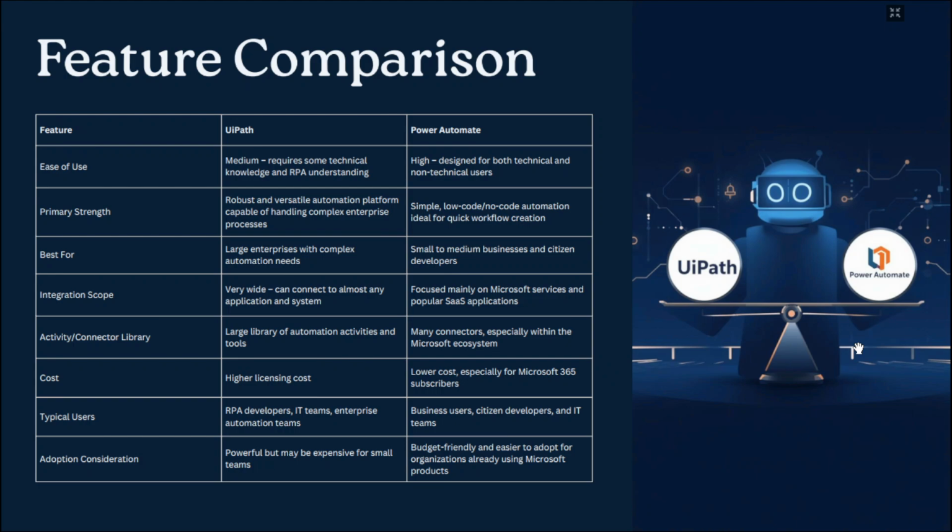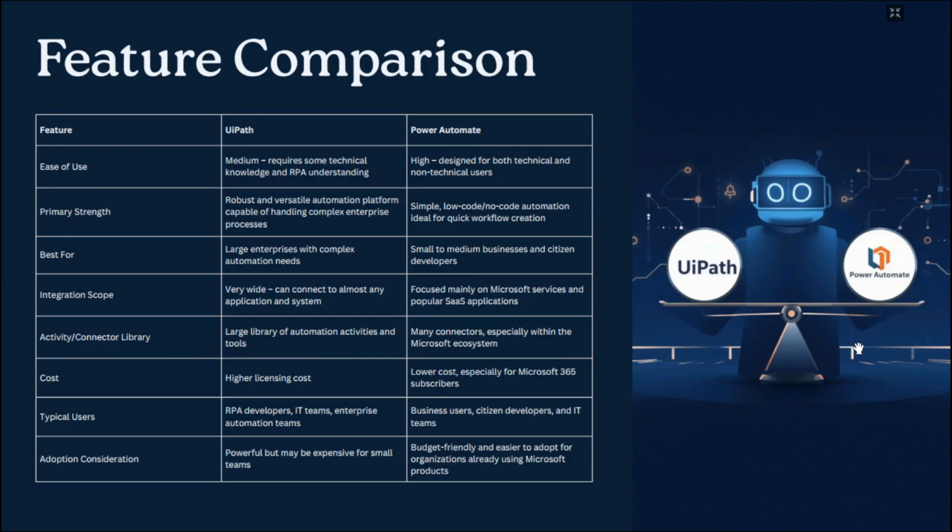So Power Automate is mostly constrained to the Microsoft ecosystem, and UiPath, because so many developers and users are there for it, has a huge library available in the market where you can get different features and capabilities, and even support and help are also available for UiPath.